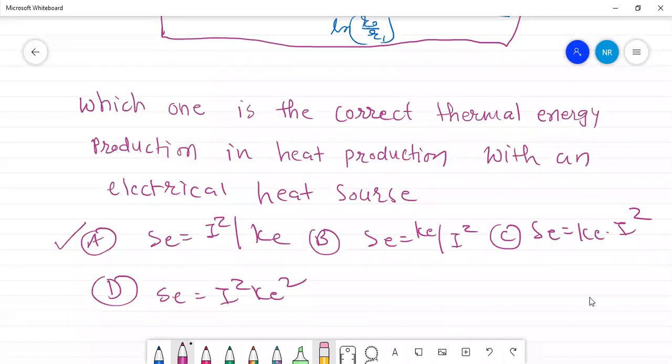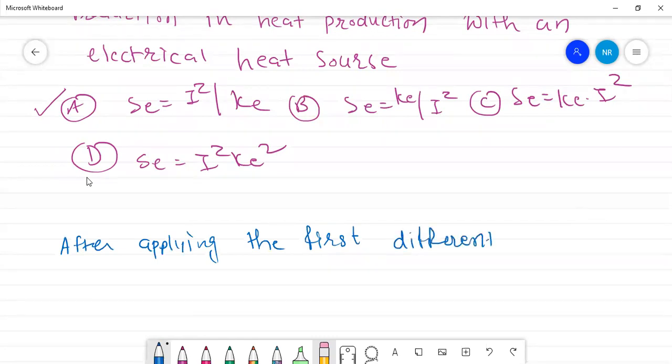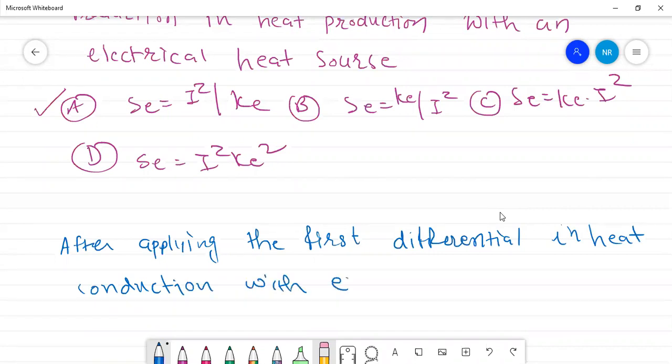For example, a question like this: after applying the first differential equation in heat conduction with an electrical heat source, we get what?